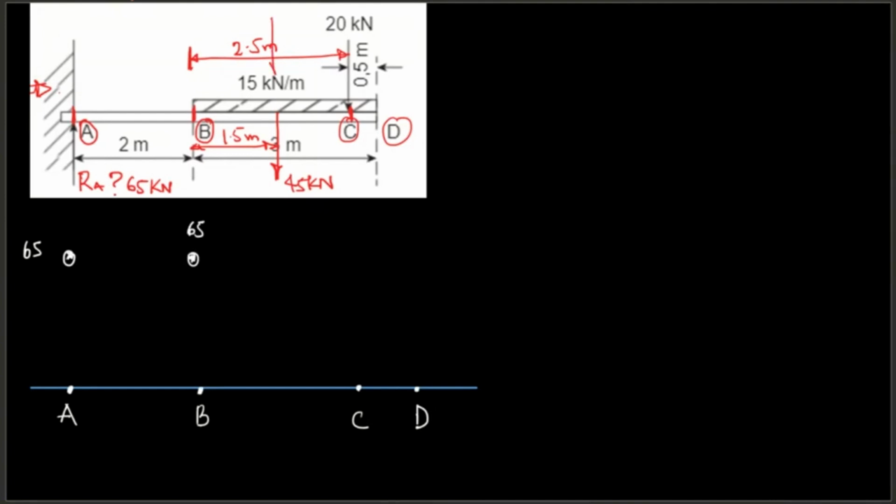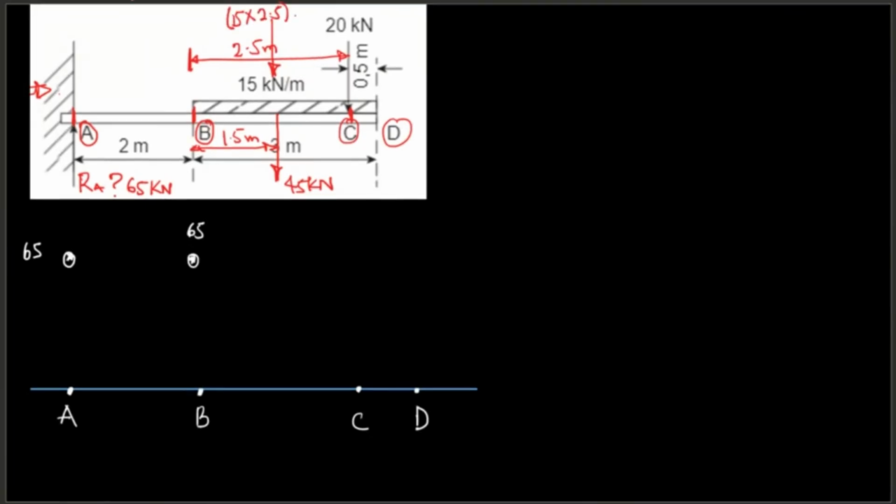So the central force here is going to be what? 15 multiplied by 2.5 meters. 15 times 2.5 is 37.5. So I have a force of 37.5 acting between B and C. The span there is 2.5.